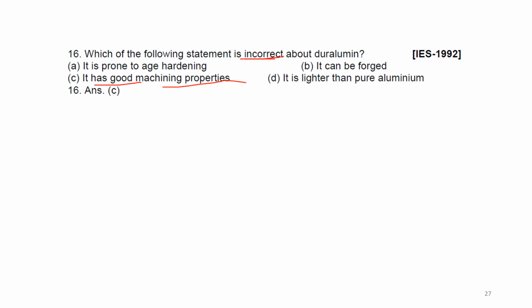Good machining property, no, this is wrong. It is prone to age hardening, yes. It can be forged, yes. It is lighter than pure aluminum, yes. But this one is wrong. So that's why the answer is C. They are asking for incorrect, not the correct.